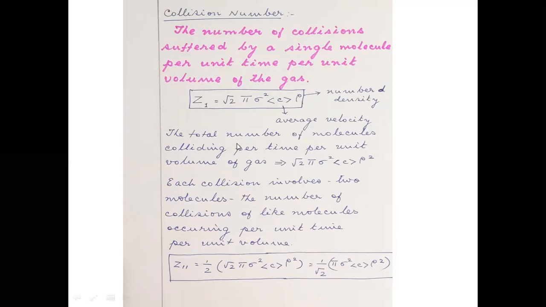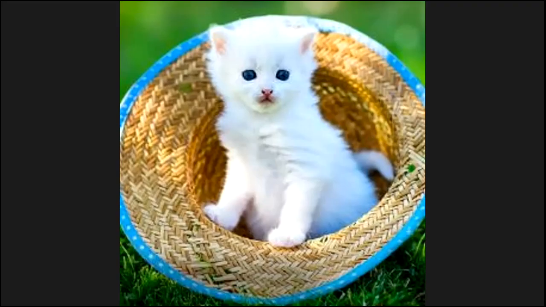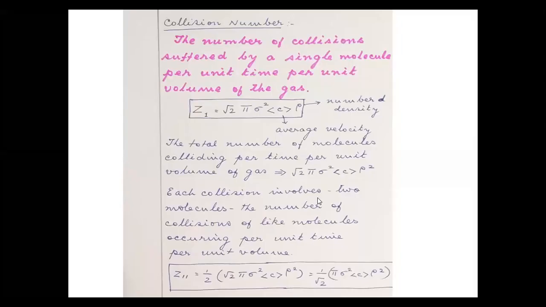Now the total number of molecules colliding per time per unit volume can be written as root 2 pi sigma square C into rho square.